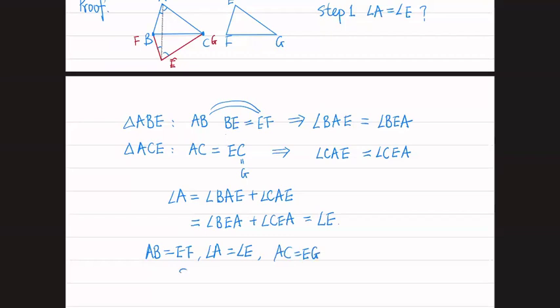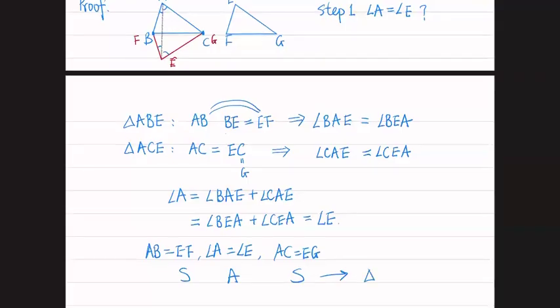We have the side-angle-side theorem. This implies the two triangles are congruent.